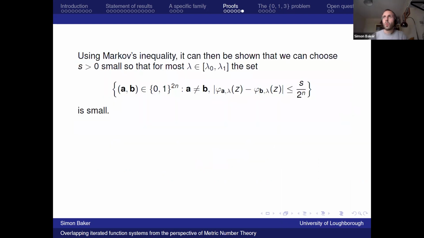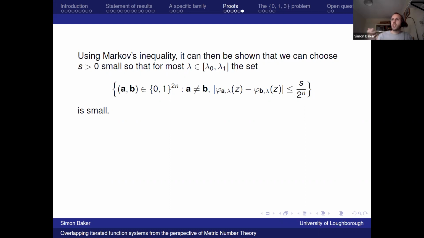So what can you do once you have this proposition? It's a fairly simple application of Markov's inequality to show that if you pick your s to be very, very small, then for most lambda between lambda 0 and lambda 1, this set is going to be small in some sense. It's going to be a very small constant times 2 to the n.